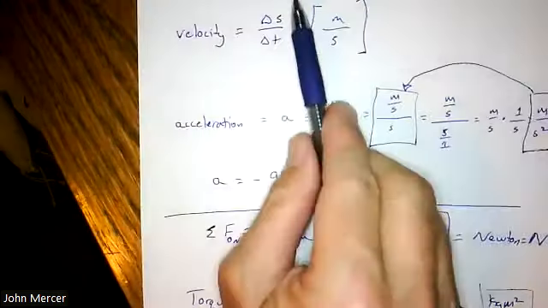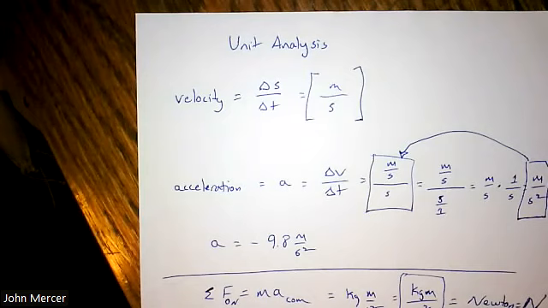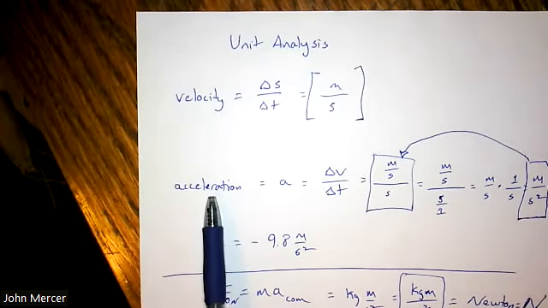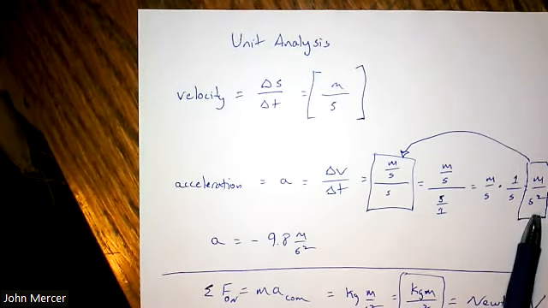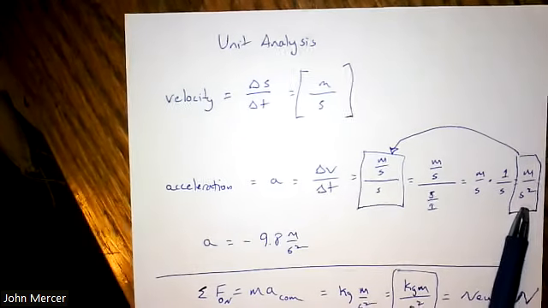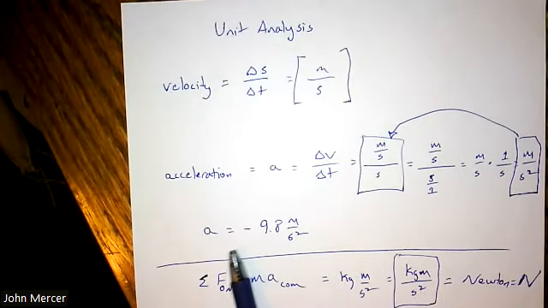So again, in a unit analysis, we're only concerning ourselves with the units of the parameter. We're not concerning ourselves with the magnitude of the parameter in the equation. And it's a good way to make sure that for the parameter we're trying to derive, we understand the units that we ultimately get out of that equation. Okay, thanks.